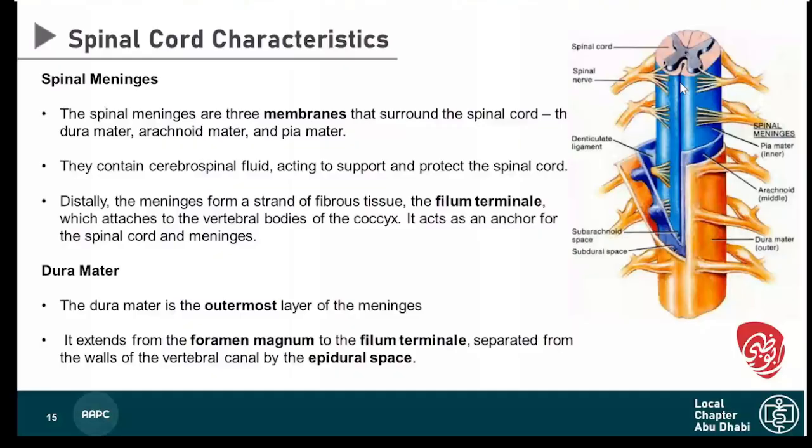The spinal cord is protected by a three-layered structure called meninges, and this spinal cord is located in the vertebral column. So the space between the vertebral column and the first part of the meninges, that is the dura mater, is known as the epidural space. Okay.